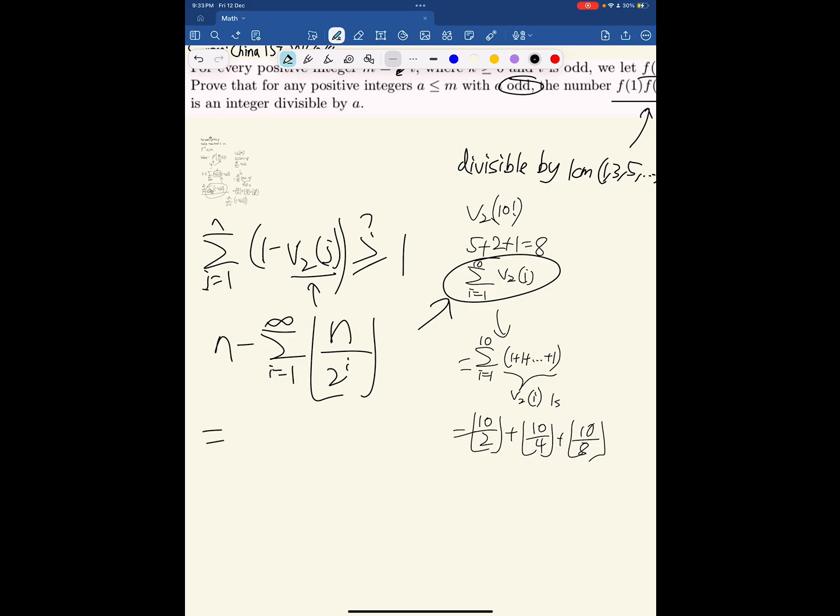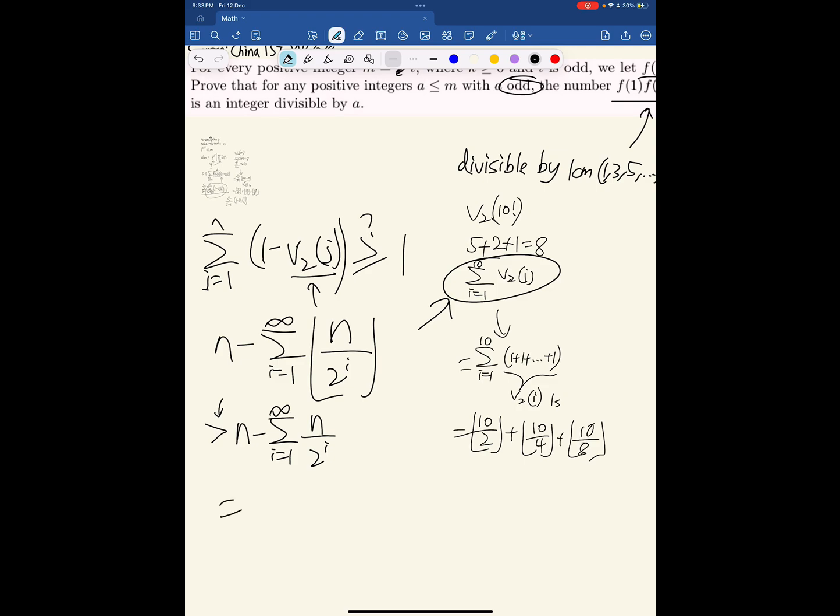Because this is equal to, well, it's actually larger than. Now here it needs a little of an argument why it's not equal, but obviously it's not equal, as we'll see later. n minus the sum of n over 2 to the I. So notice that I just removed the floor.